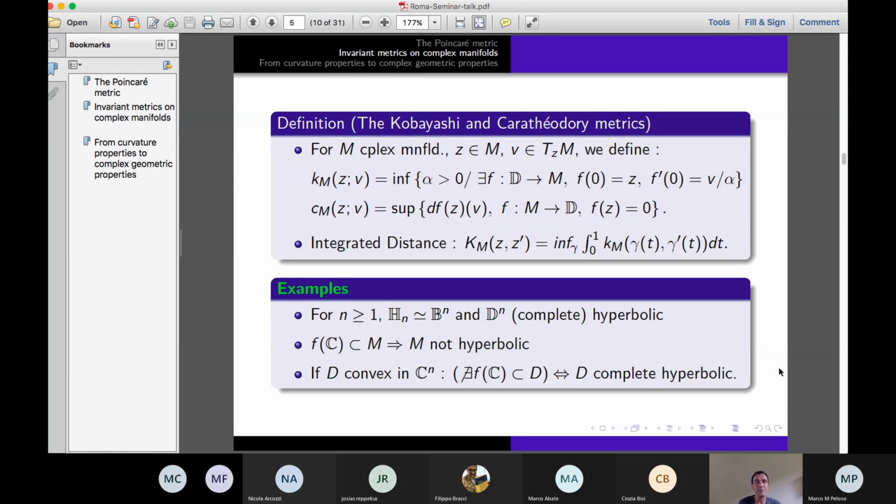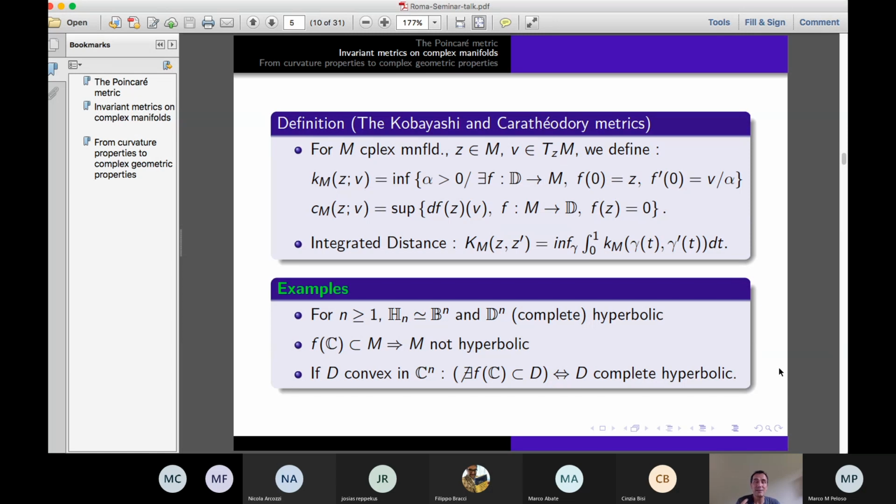Now, if you have a complex manifold M that contains an entire line, meaning the image of C by a non-constant holomorphic map, then it won't be hyperbolic.